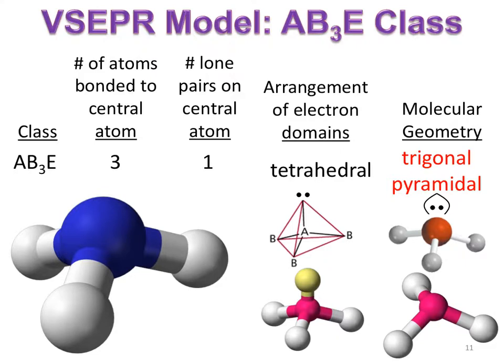The AB3E class has 4 total domains, 3 bonding domains, hence the B3, and a lone pair domain, hence the E, a total of 4 electron domains, so we have a tetrahedral geometry for those electron domains.